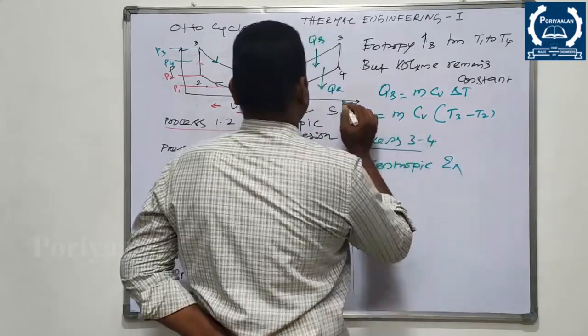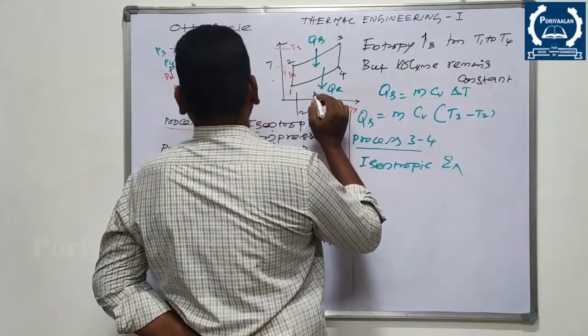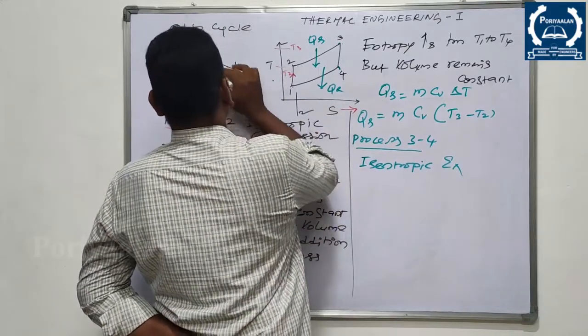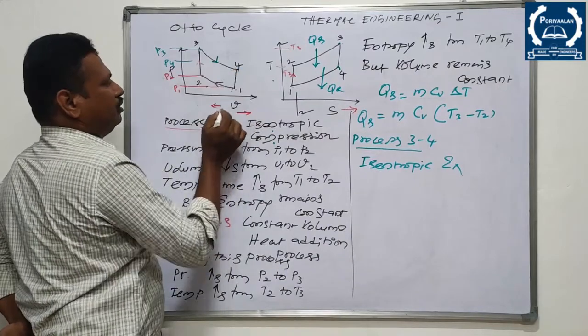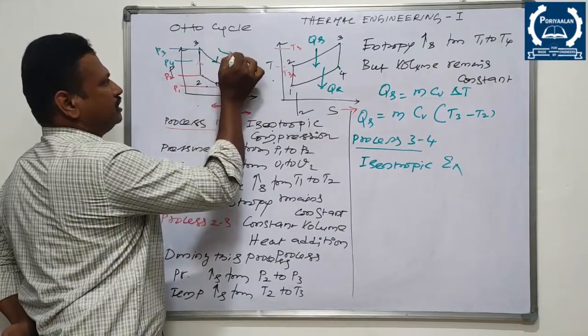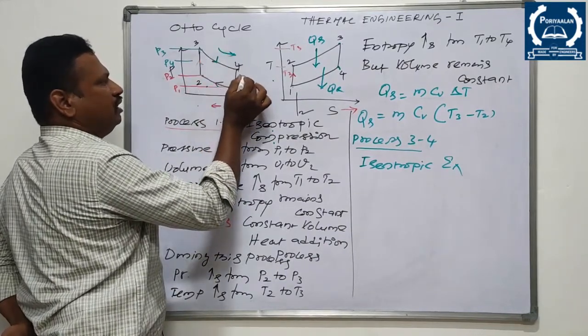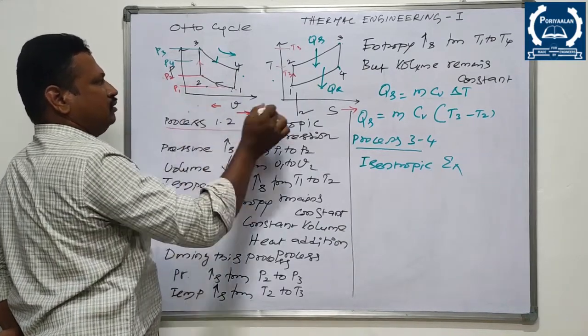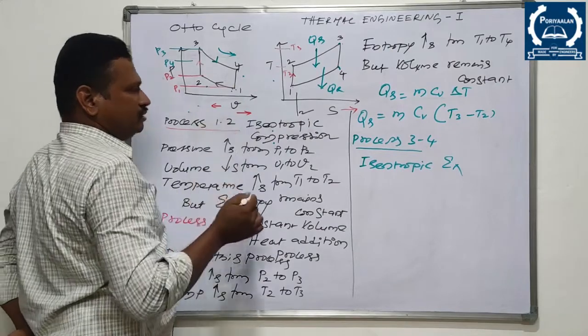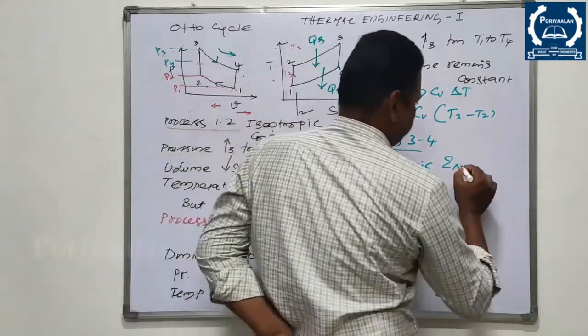Yes, because volume increases. You can find here in 3 to 4 you are going in this direction. Volume increases. When you are coming in this direction, volume decreases. So you are going towards the right. So that's why it is an isentropic expansion process.